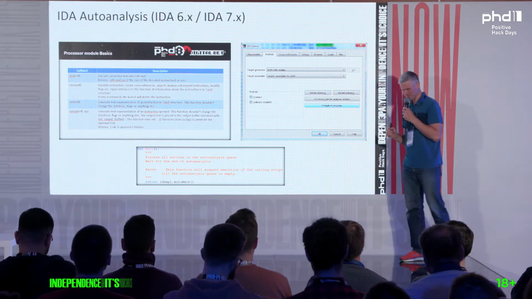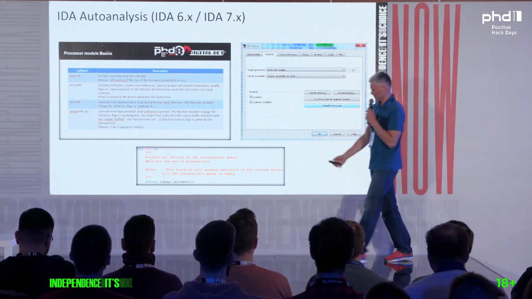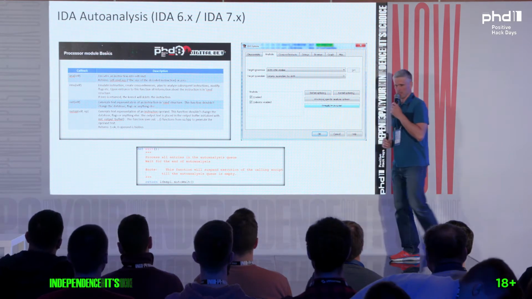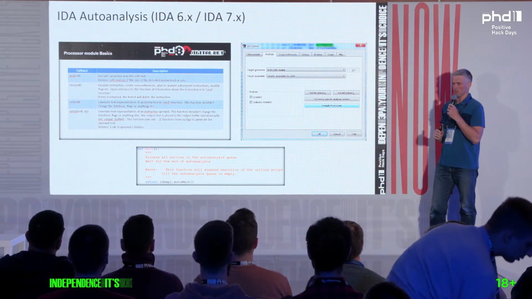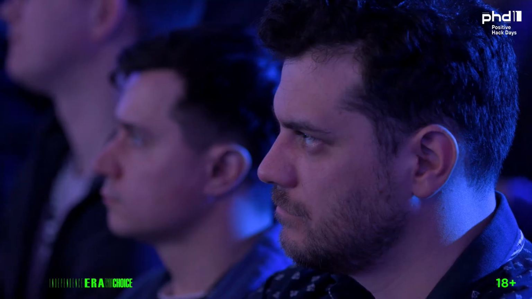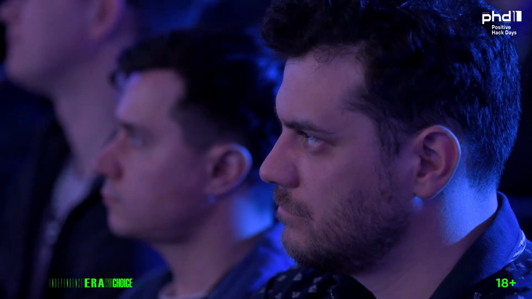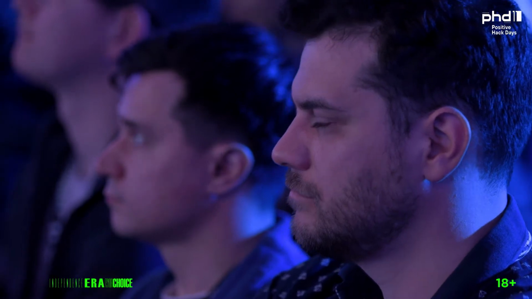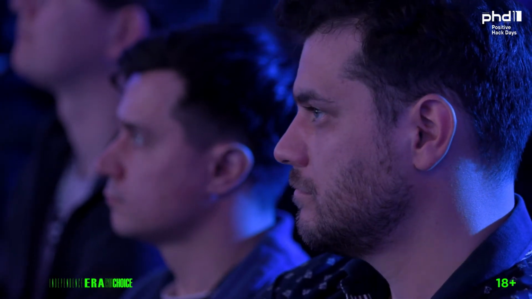In the API, it is the auto-wait or wait function. So we're looking here at wait and auto-wait functions if you invoke them through IDA Python. Now, as regards differences in versions, we know from experience that versions 6 and 7 don't really differ in terms of auto analysis.